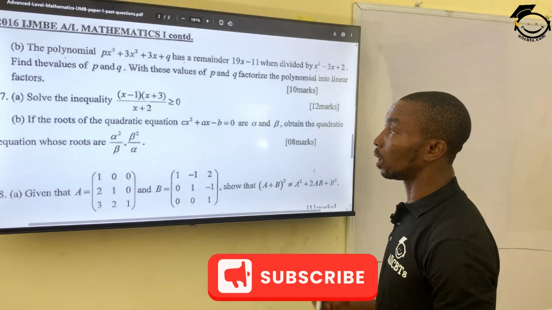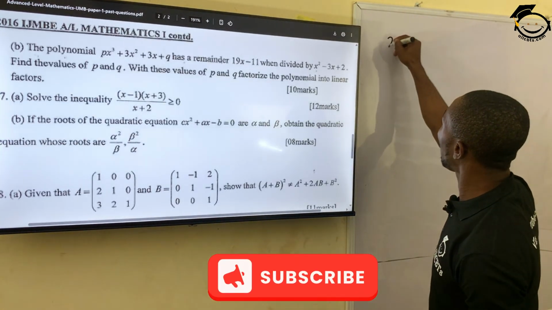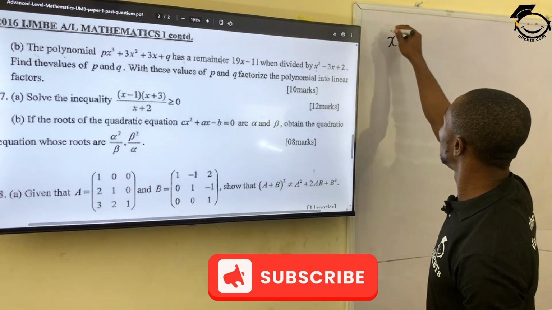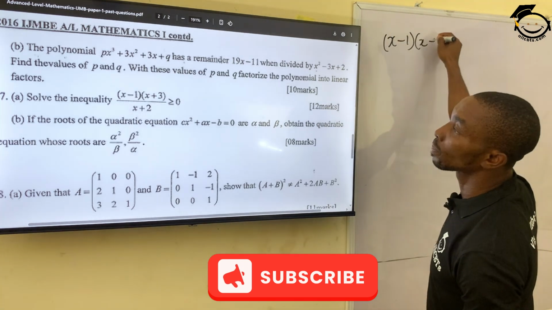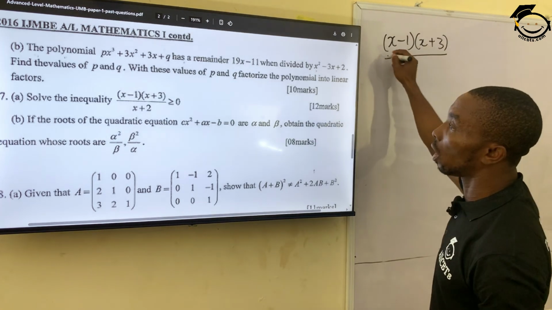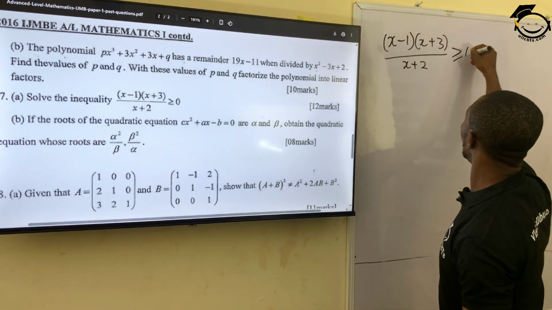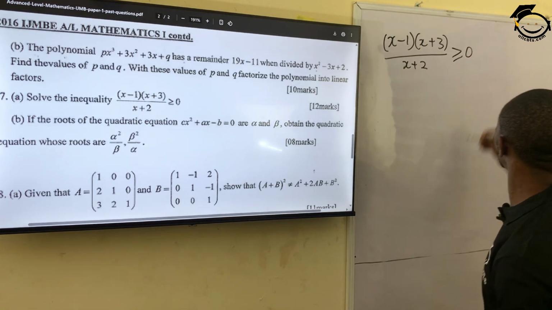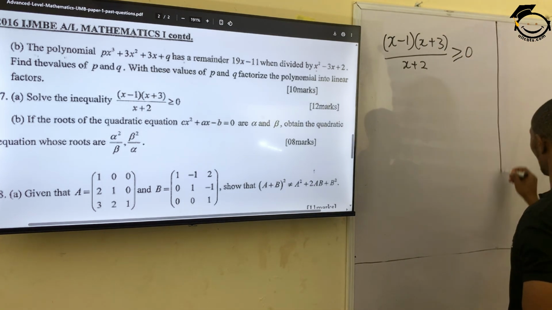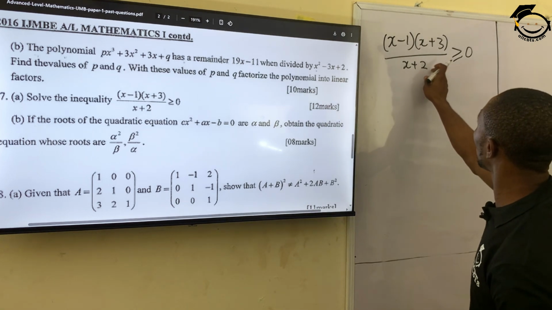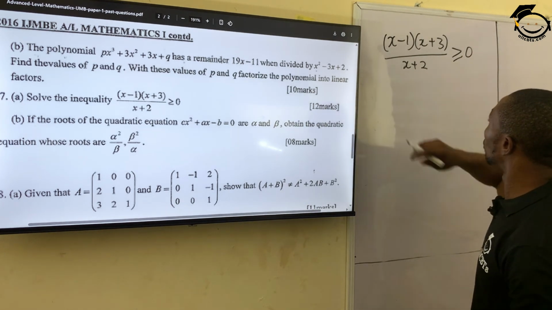Solve the inequality. We have x plus 1, x minus 1, x plus 3, all over x plus 2, equals 0. Now, in solving this, we are first going to multiply x plus 2 to both sides.